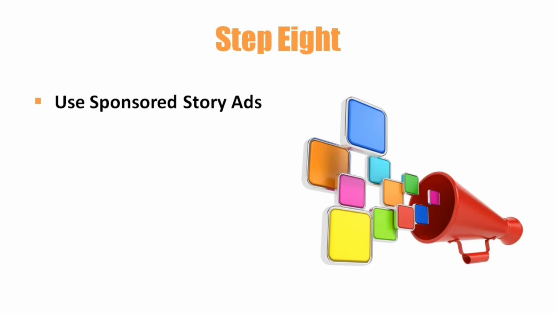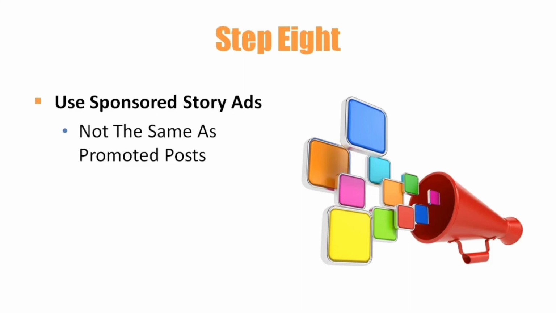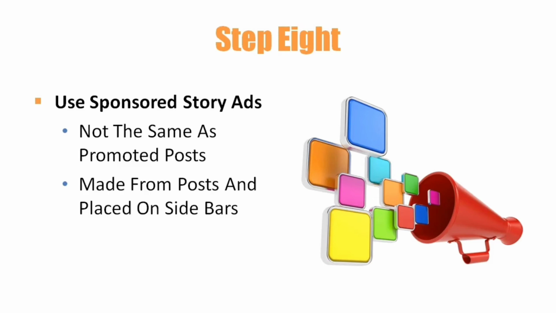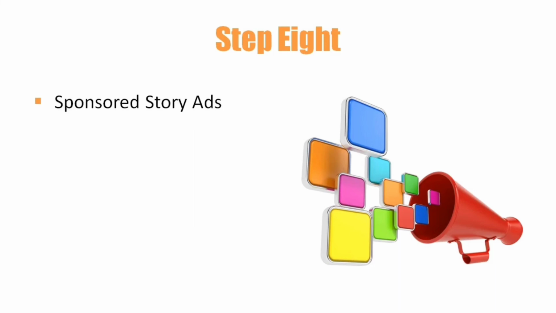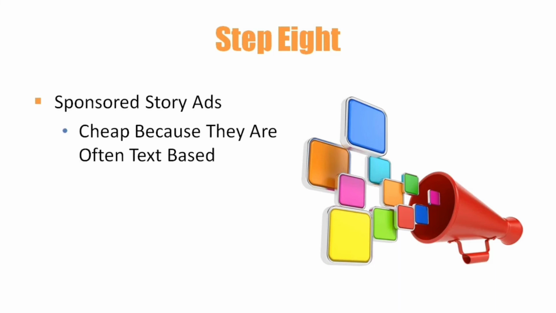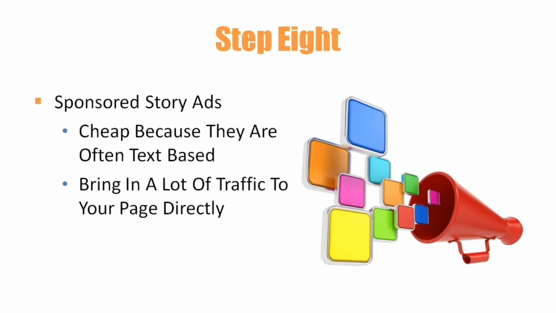Step 8. Use sponsored story ads. These are not the same as promoted posts. These are ads that are made from your posts and placed on sidebars. Sponsored story ads are cheap because they are often text-based, but they can bring in a lot of traffic to your page directly.